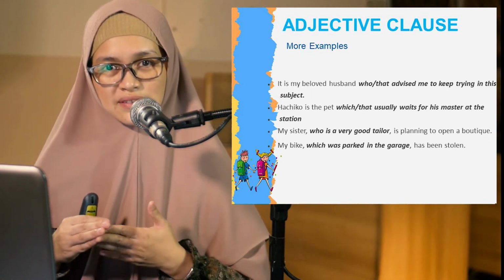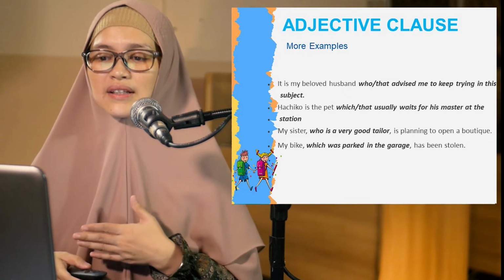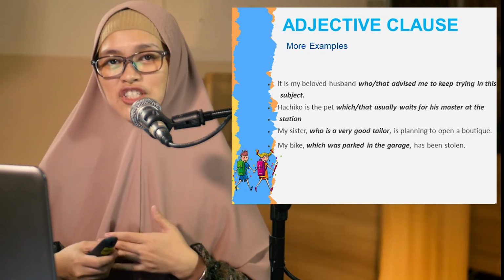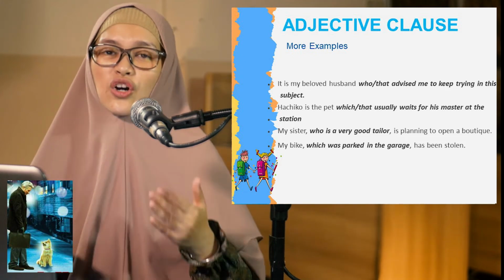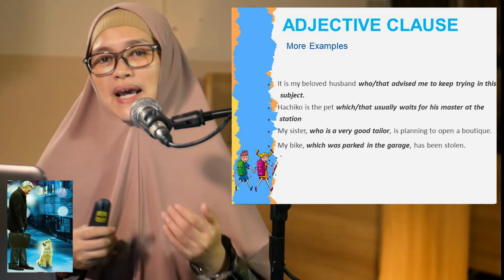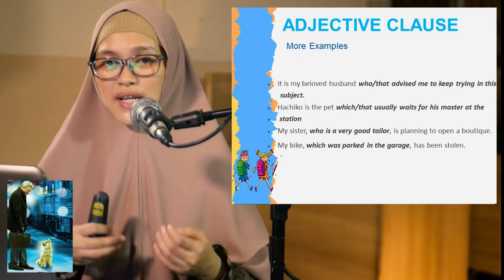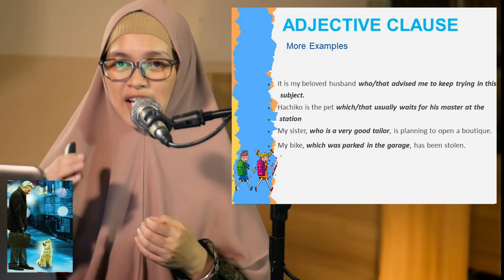Then you already know Hachiko, right? It is a pet, a dog. Hachiko is the pet. Why the pet? Because it is only Hachiko and it's only one.